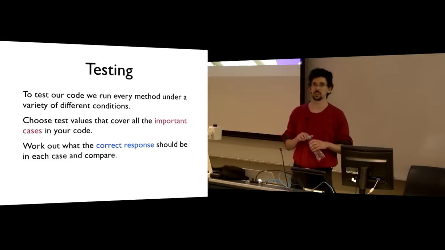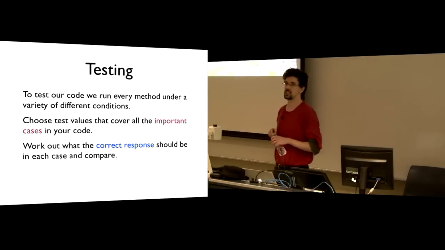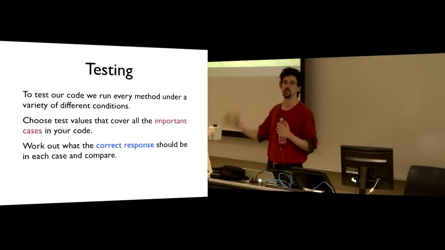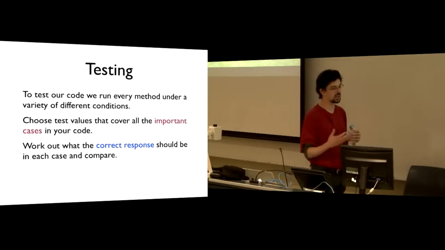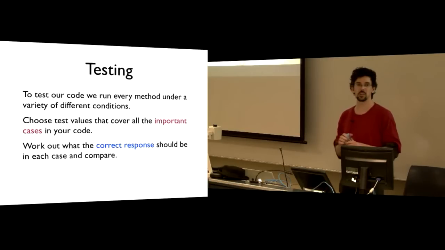For example, in our profile code, it doesn't make much sense to test it with one username and then with another username. I could keep testing different usernames forever, right? But that probably isn't going to tell me anything. We've got to choose things wisely. If I've created a profile with one username and then I test whether I can get that username back again with the getName thing, that probably tells me enough information.